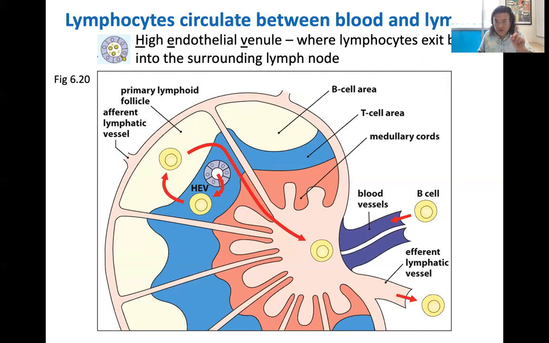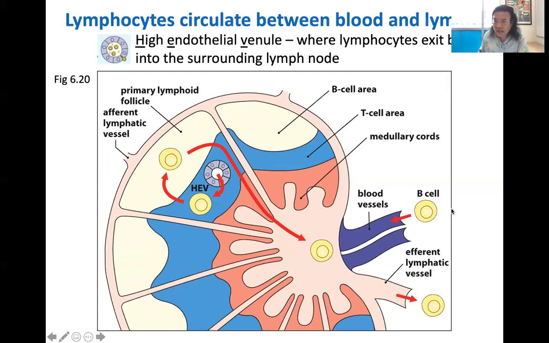The way the cartoon's drawn is kind of weird, because imagine these dark blue-purple vessels are actually coming up behind the lymph node in this cartoon, and then they're entering the lymph node from behind over here. And here you see that purple blood vessel cut in cross section, because it's coming through the screen at you.